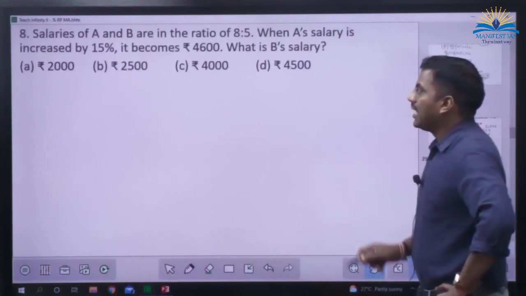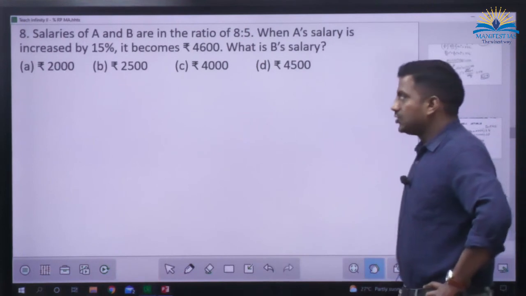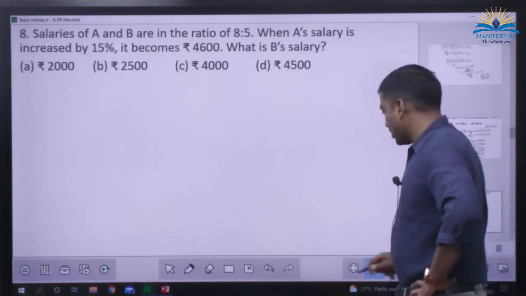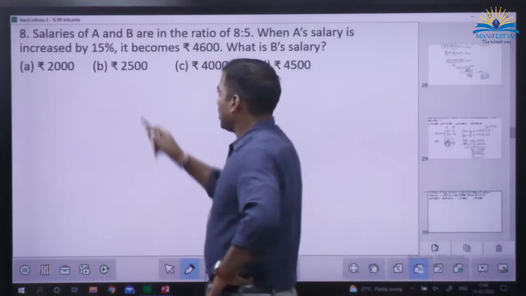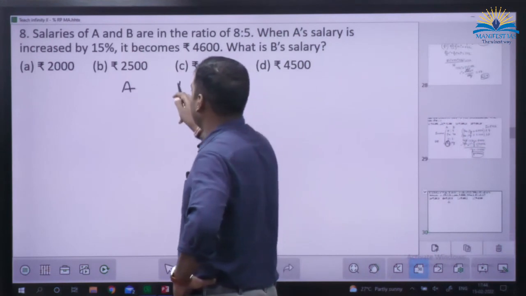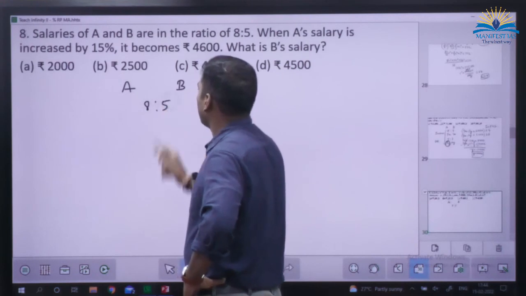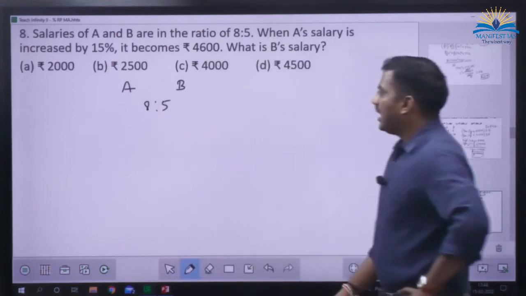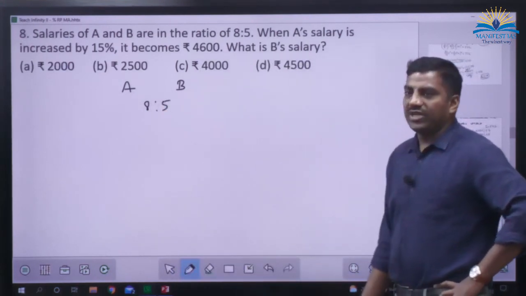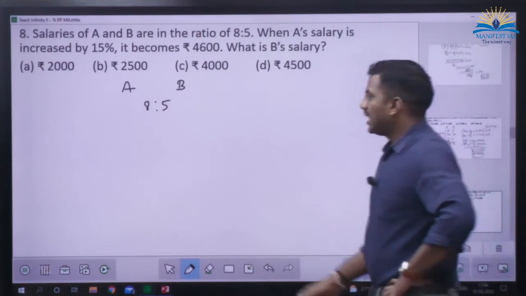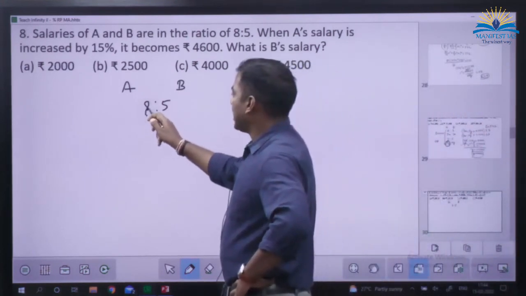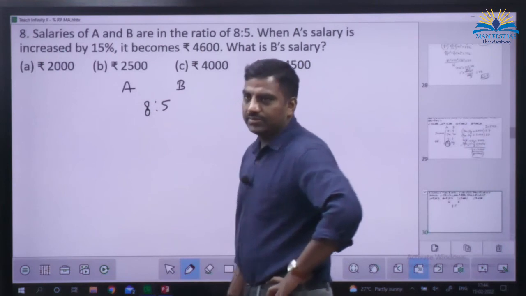Salaries of A and B are in the ratio 8:5. When A's salary is increased by 15%, we are increasing A's salary by 15%.